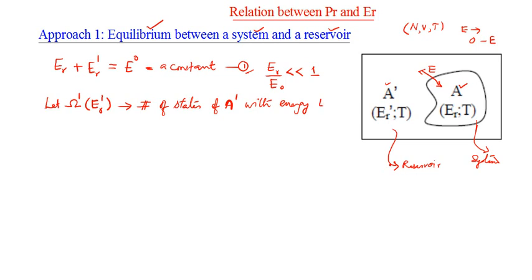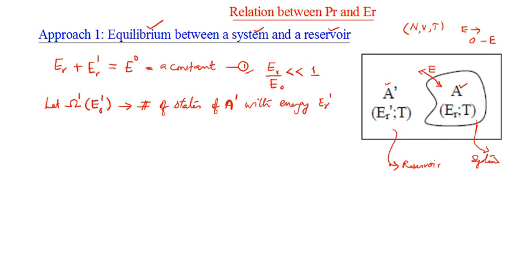Okay, now you know that the larger the value of this omega prime, or the larger the number of states available to the reservoir, the larger will be the probability of the reservoir attaining that particular energy ER prime. That was our very fundamental concept of statistical mechanics.